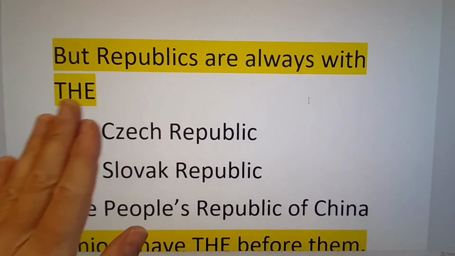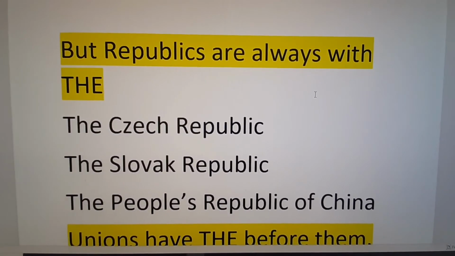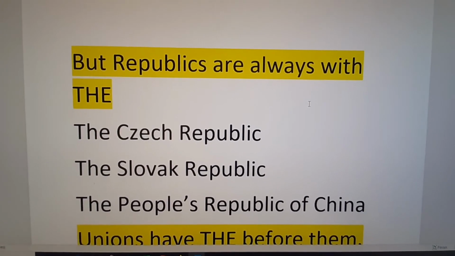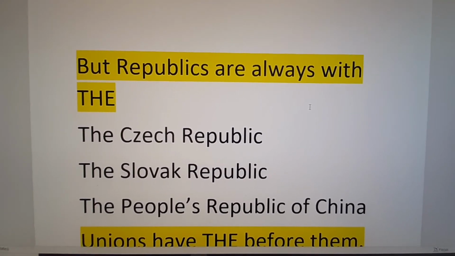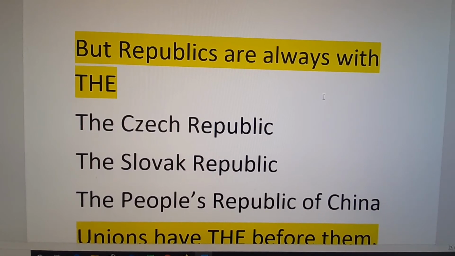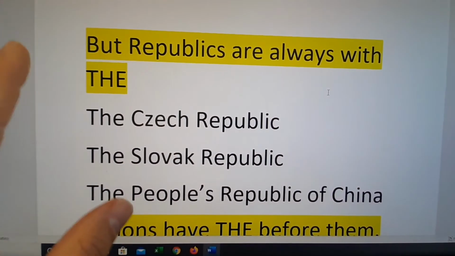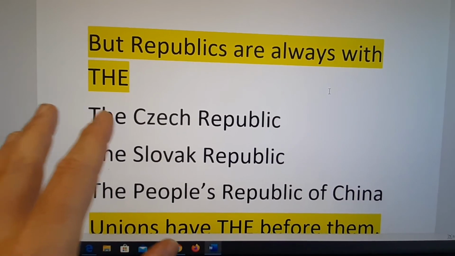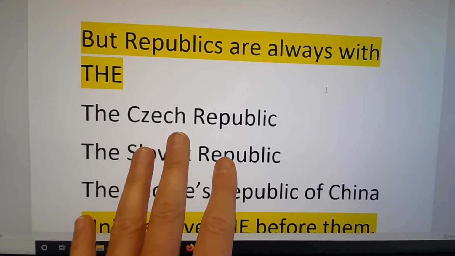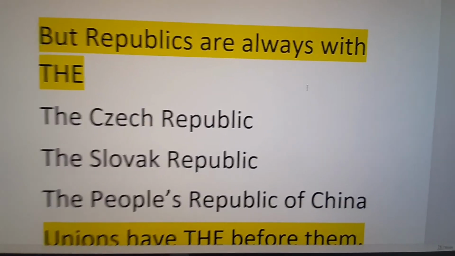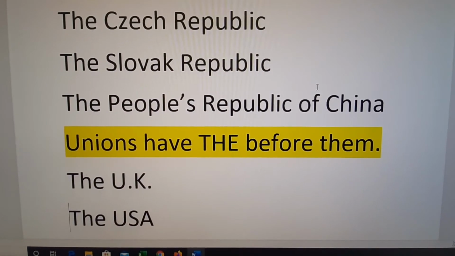Just the word Czech refers to the language, the nationality, or the person, if he or she is a Czech, or Czech people. But if you just say Czech, we don't like that in English. We like the whole name or the whole title, the Czech Republic, when we talk about that country. The same with the Slovak Republic, the People's Republic of China, and so on.